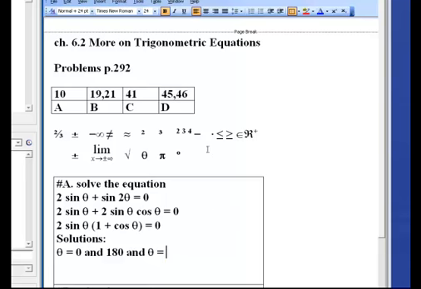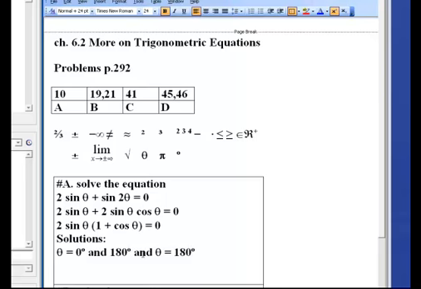And then the other one is going to be, I'll plug that in here, 1 plus cosine theta equals 0, so cosine theta equals -1, and that of course will put us at 180 degrees as well. So we have also here 180 degrees, and of course one of them is doubled up.